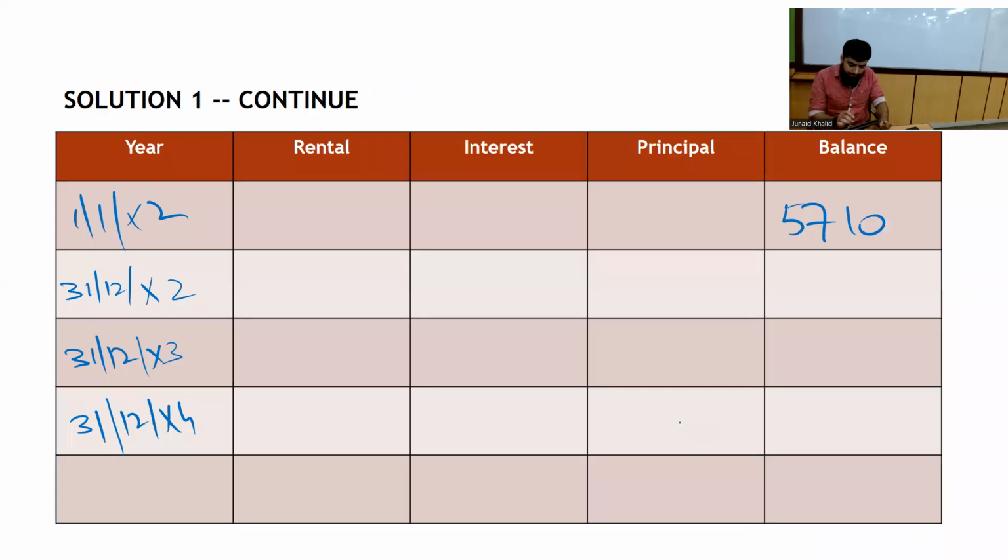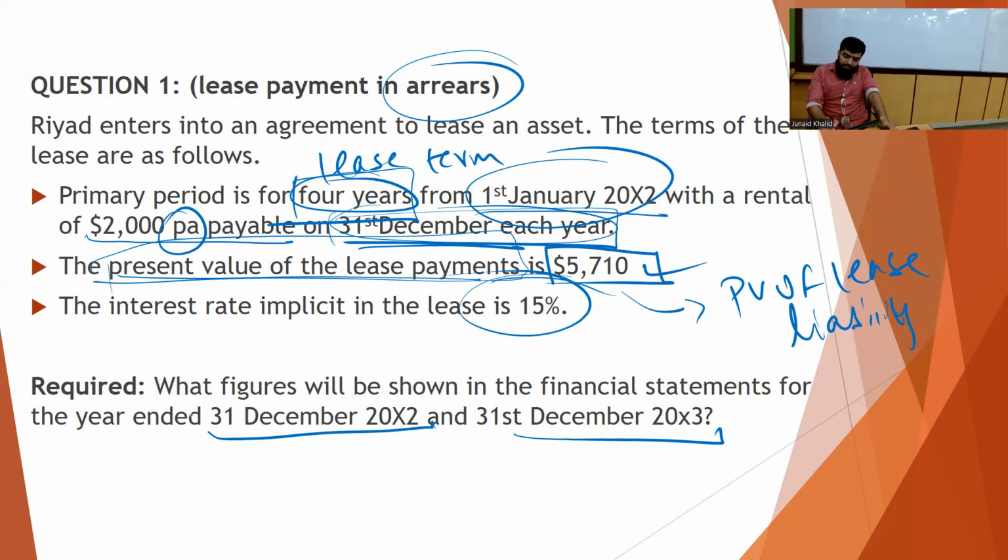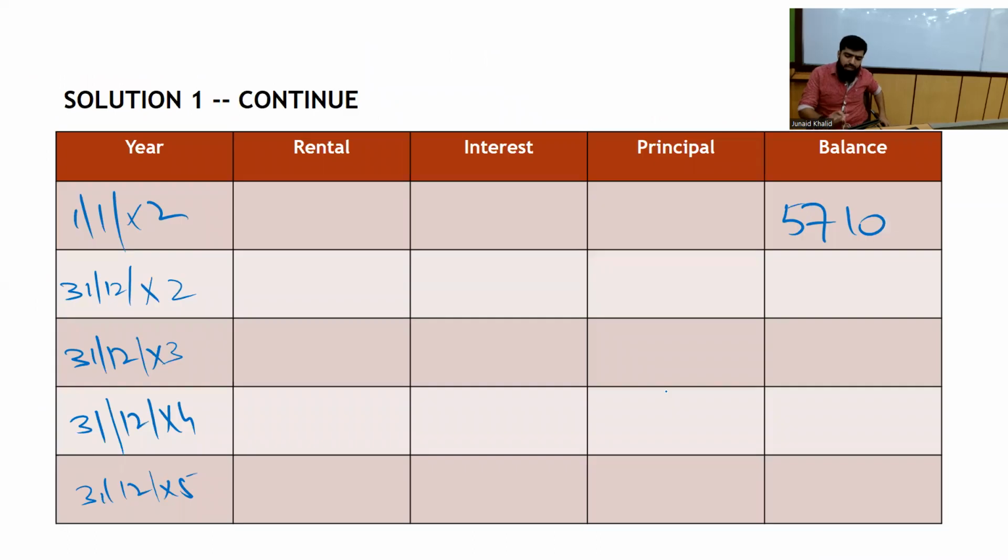That is 4 years. And the last rental would be paid at 31st December 20x5. Actually the requirement is for 2 years, that is, we need to prepare the extract of 2 years. But that is the first question, and we'll discuss each and every aspect of the question. So we'll have the accounting treatment over the lease term, that is for the 4 years.